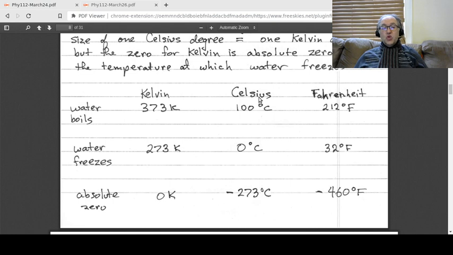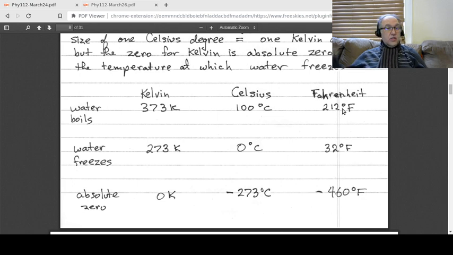Okay, now if we switch over to the Kelvin scale, absolute 0 is 0 degrees Kelvin. Because a Kelvin degree is the same size as a Celsius degree, water will freeze at 273 Kelvin, and water will boil at 373 degrees Kelvin. In the Fahrenheit scale, water freezes at 32, water boils at 212 Fahrenheit.